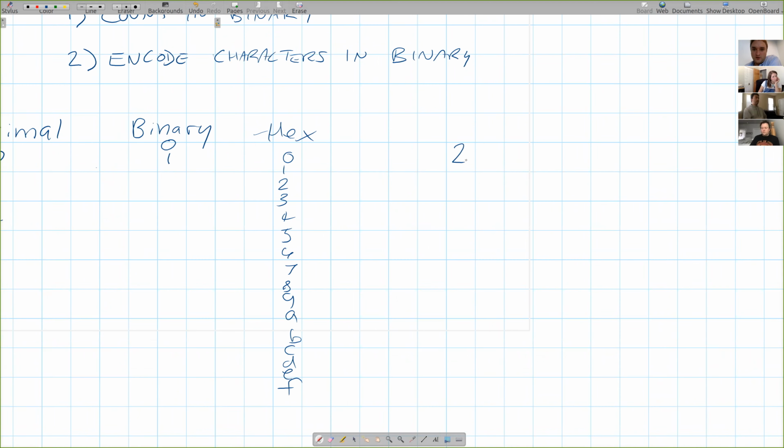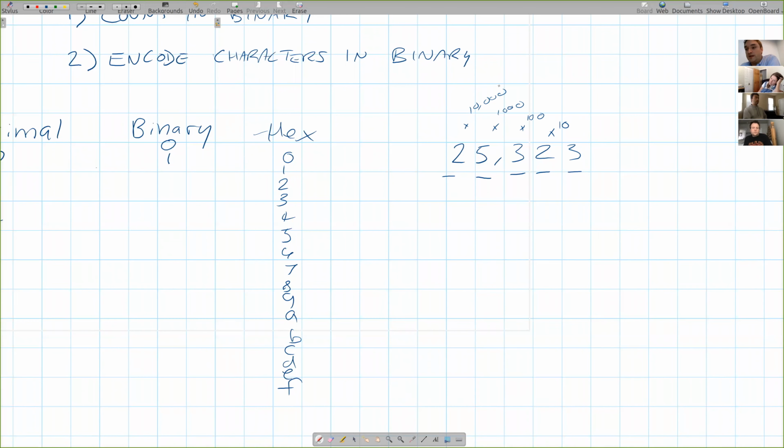So if you want the value that these numerals represent, you do times 10, times 100, times 1,000, times 10,000.